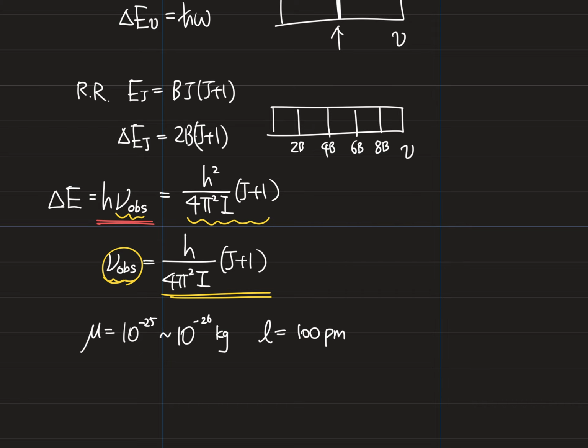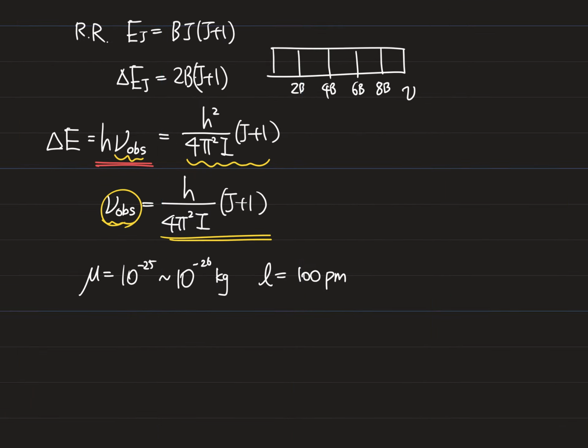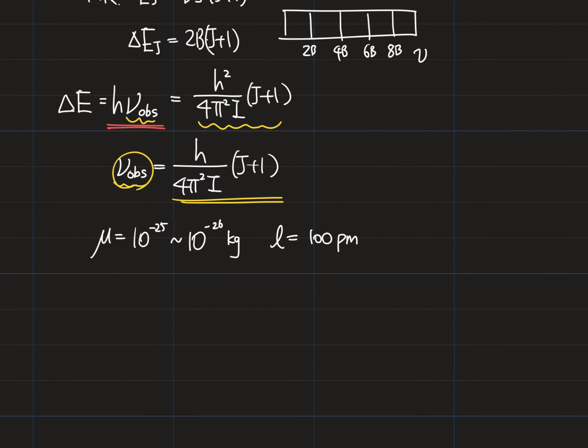So this is the typical bond length of a covalent bond. From these values, you can calculate the moment of inertia, right? This is simply mu multiplied by L squared. And from this value, you can calculate the nu observation, right?